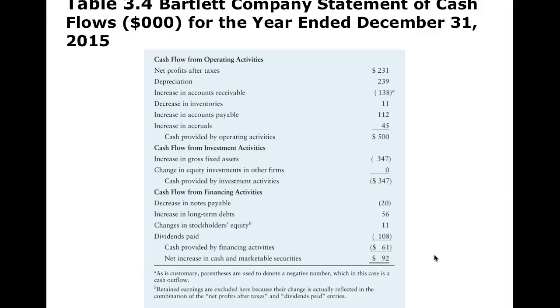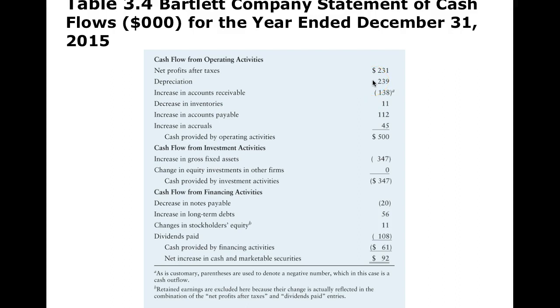Now here's a cash flow statement for a company. And we look at net profit after taxes. So this is the net profit of a company. We have our depreciation. So depreciation is a non-cash charge. So if we have depreciation on the income statement, we add it back to the cash flow statement. So net profits increase cash flow.